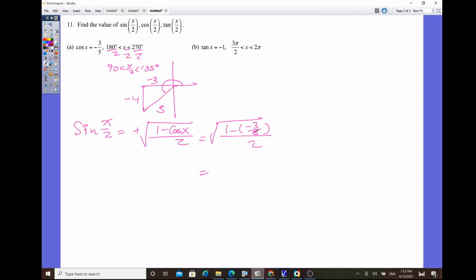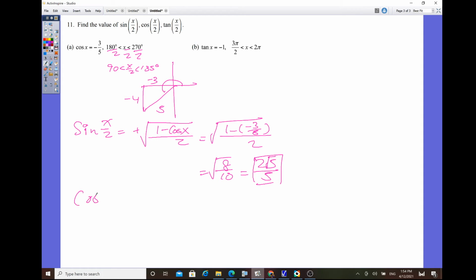So we do have 8 over 5 divided by 2, so it's 8 over 10. Before you take the square root, reduce it. So it's 4/5. So 2 over root 5. So 2 root 5 over 5.